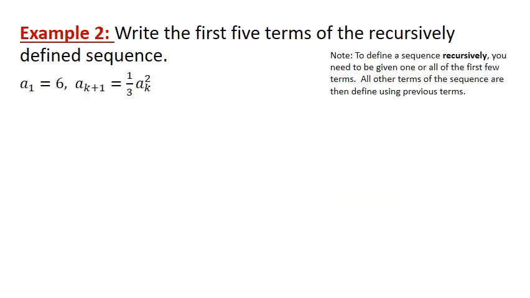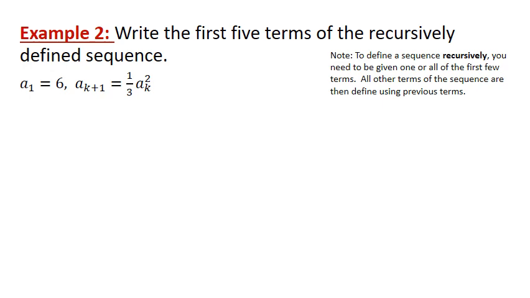The next type of example we will see is a sequence that is defined recursively. And what that means is we need to know a term or maybe a couple terms before the term in question. A very famous one is the Fibonacci sequence.